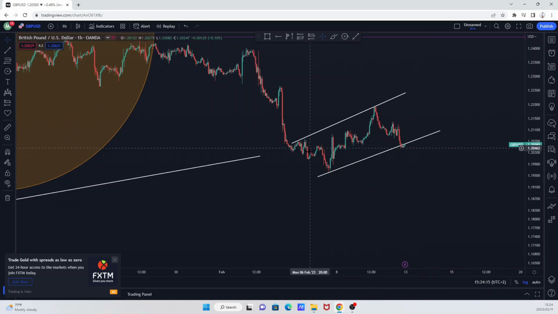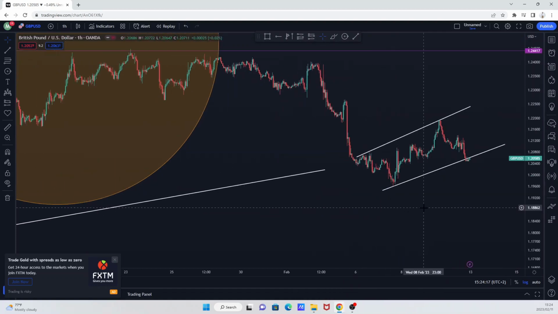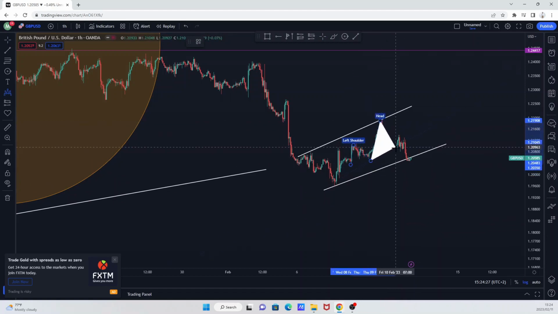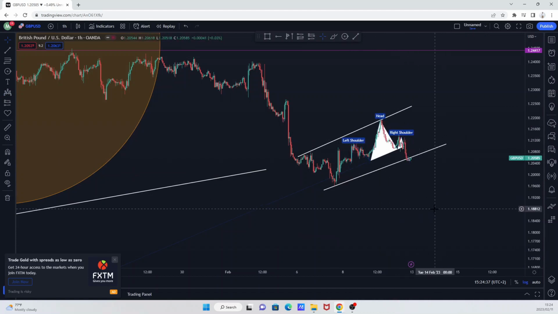If I have a look at what's happening within that structure, there is a quite famous pattern being formed in my flag, right? Which is a head and shoulders. I'm seeing my left shoulder, then the head, and then the right shoulder is there.